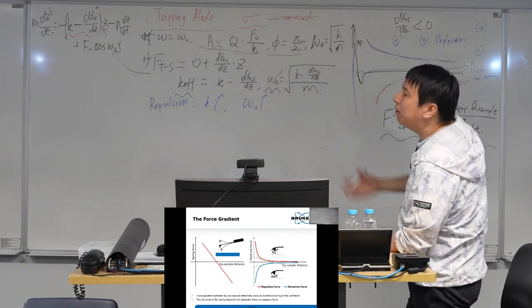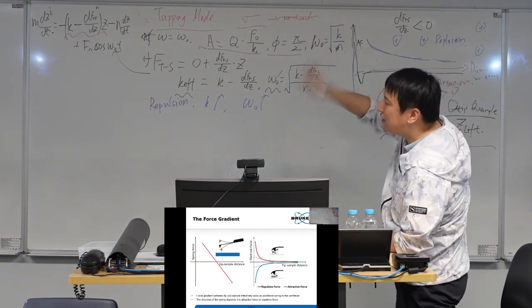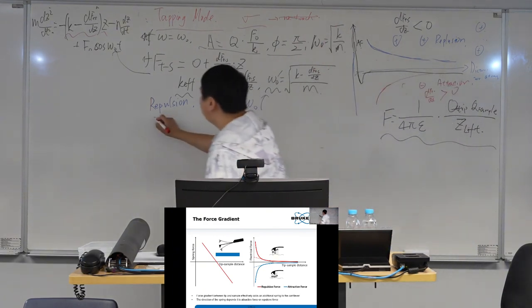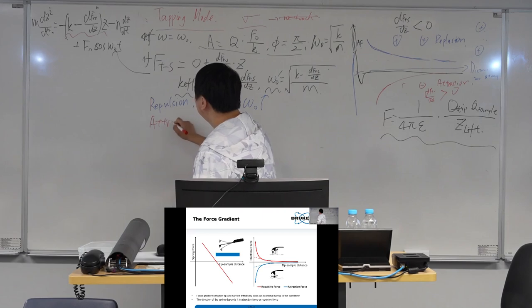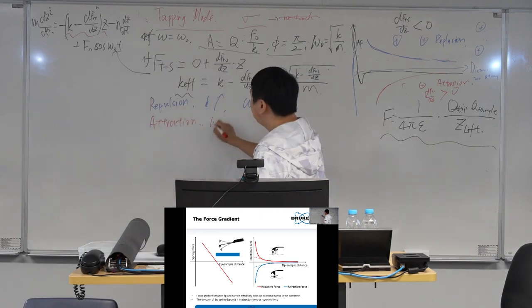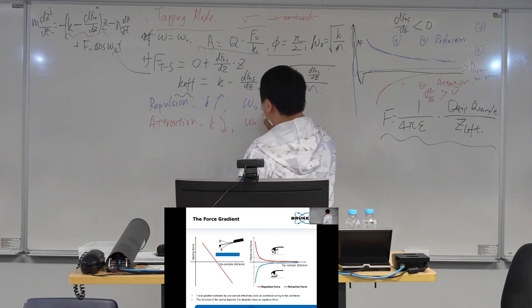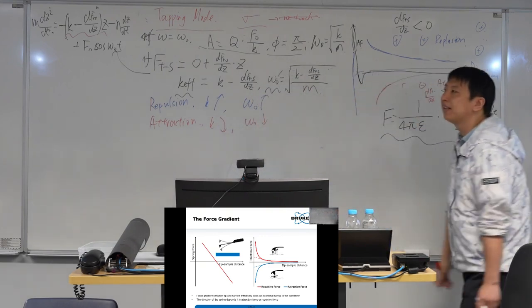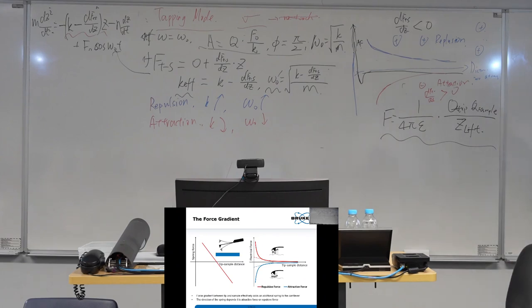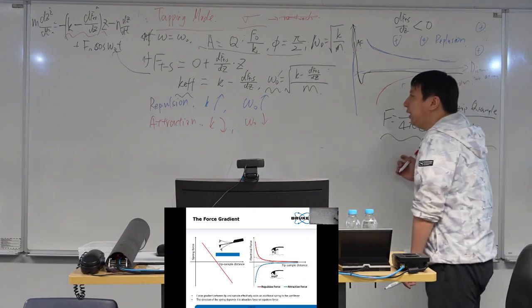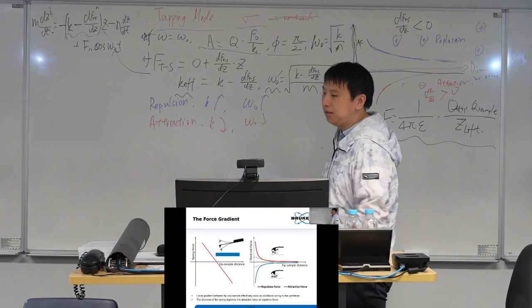It looks like we make the probe stiffer. If we have attraction, the k will reduce, the omega 0 will reduce. That's how we describe this in a qualitative way.